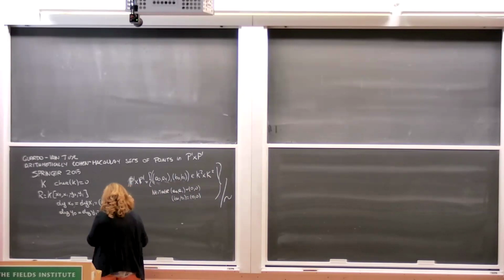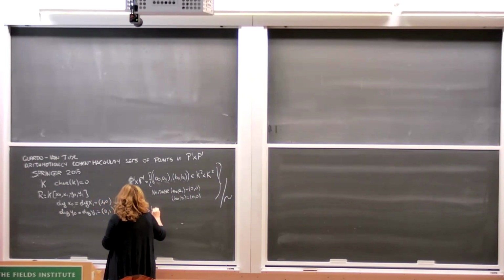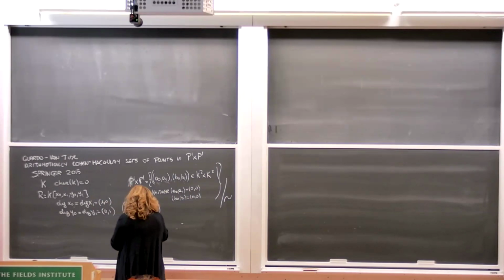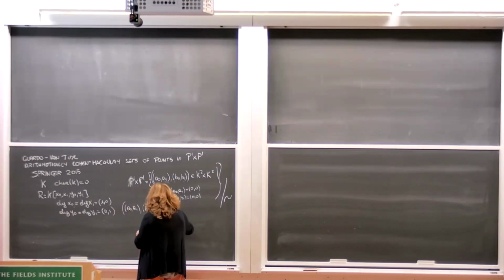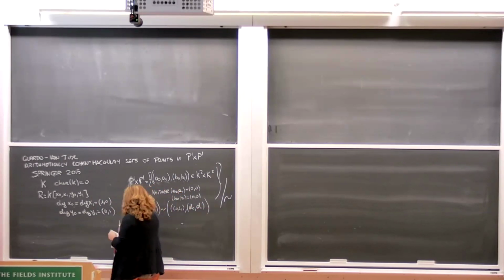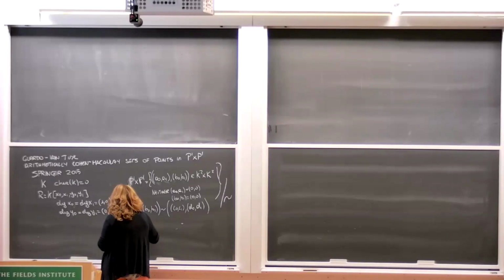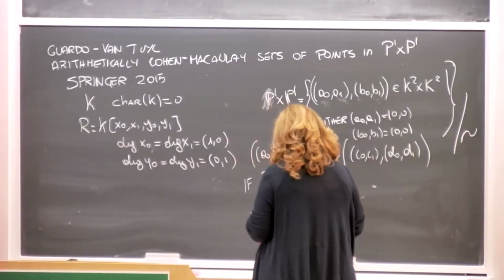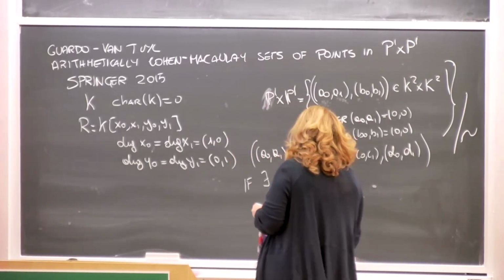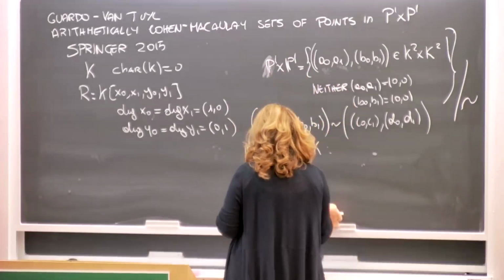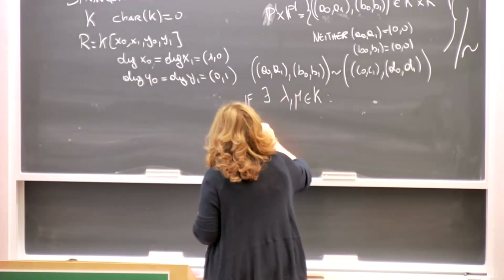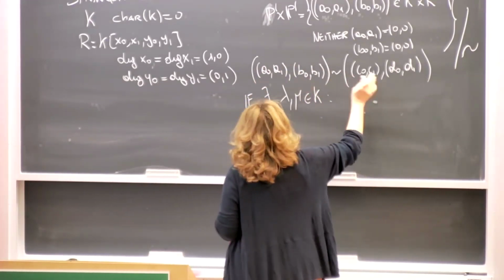Under the equivalence, we say that (A0, A1), (B0, B1) is equivalent to (C0, C1), (D0, D1) if there exist lambda and nu in K such that this is a multiple and this is a multiple.